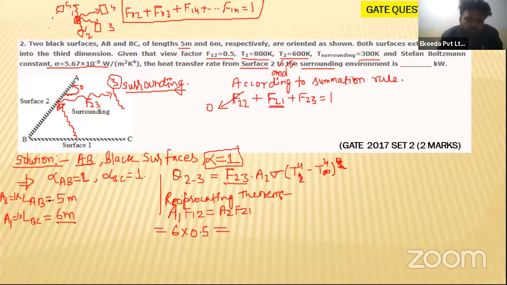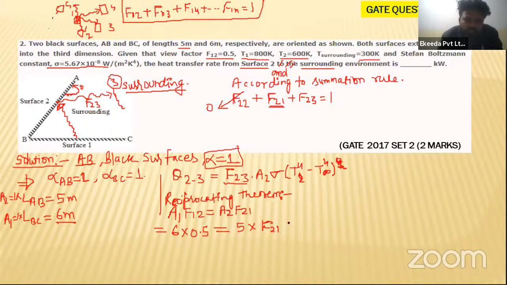What is the value of A2? That is LAB, which is surface 2. So this will become 5 meter multiplied by F21. Unit width I am taking for the particular length. So this will become nothing but 5 into F21.